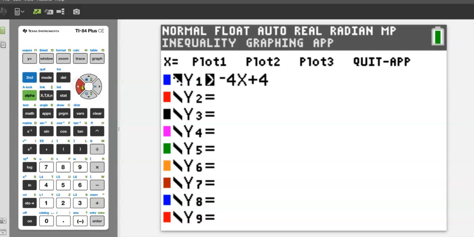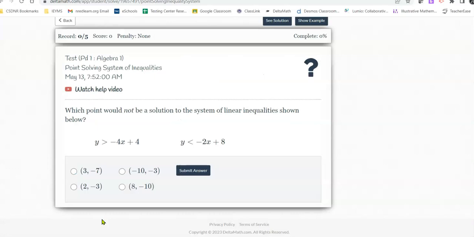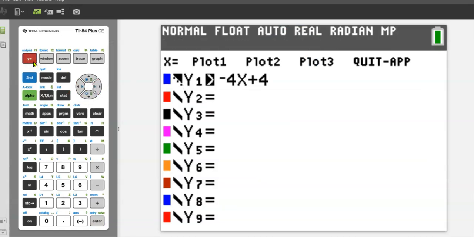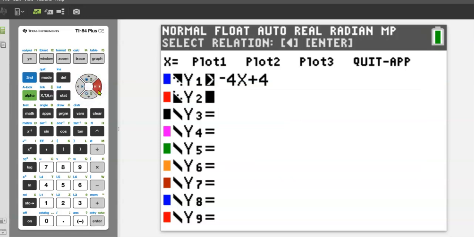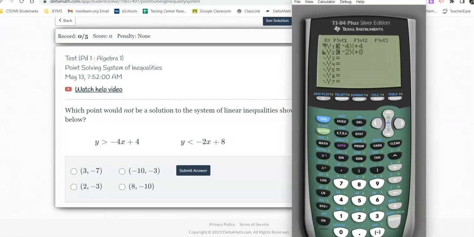For the second one, when I arrow over all the way and press enter, I'm going to choose the less than sign. So I arrow down, click to my less than sign, click OK, then type in my function, negative 2x plus 8.